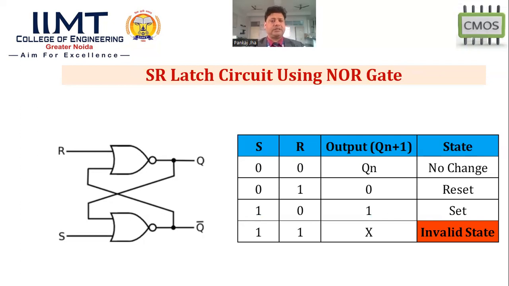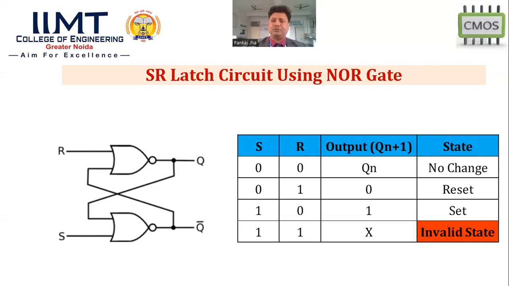So this is the circuit of the NOR based latch in which R and S are the inputs, Q denotes the previous output, and Qn+1, which I have denoted in the tabulation, is the present state output. So when we apply 0 0 input to the NOR gate, there will not be any change.